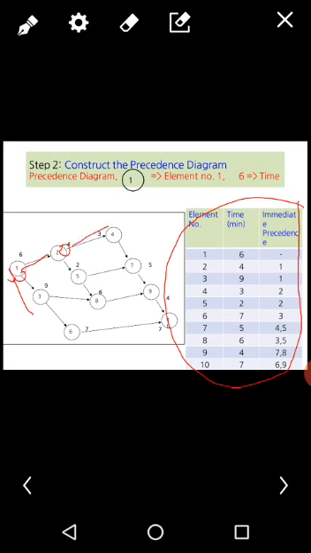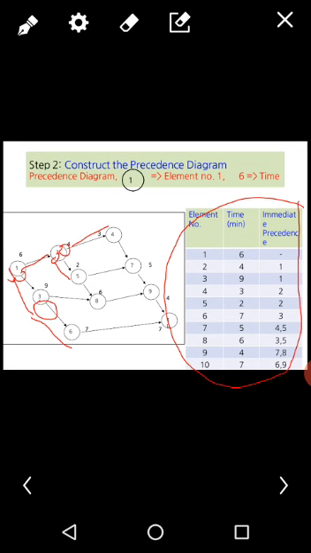Got it? And for element 5 its precedence is 2. From point 2 you should draw a line to element number 5. And for element 6 we need to construct it, and its precedence is 3. So from the third one, we need to draw a line from 3 to 6.